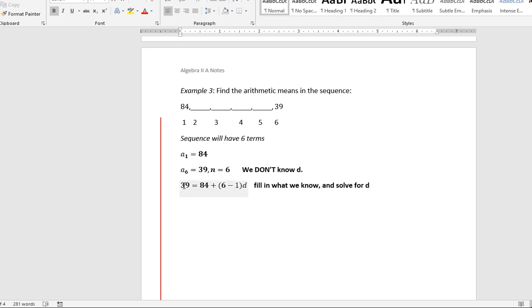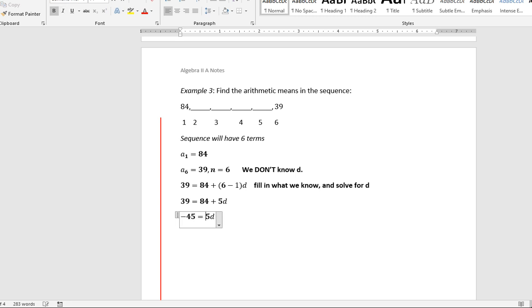So this is just simple math here. We need to say that this becomes 5d, and then we'll subtract the 84 from both sides, which ends up 39 minus 84 is negative 45.